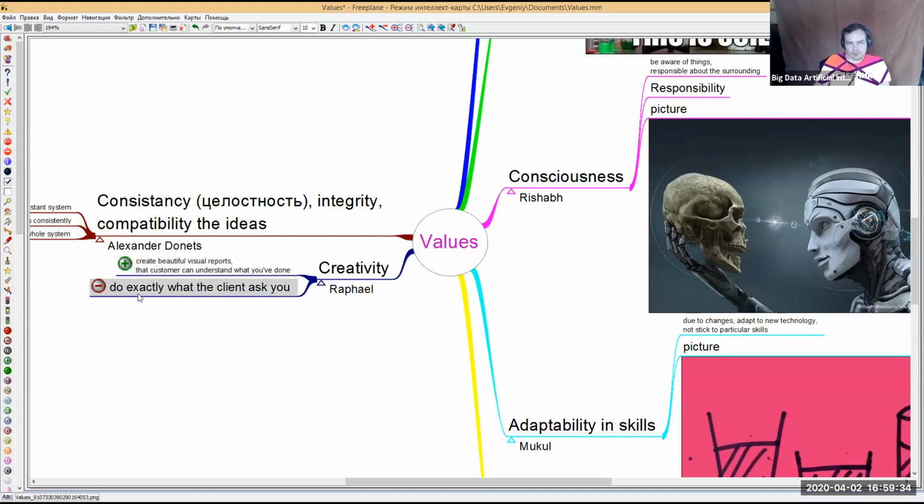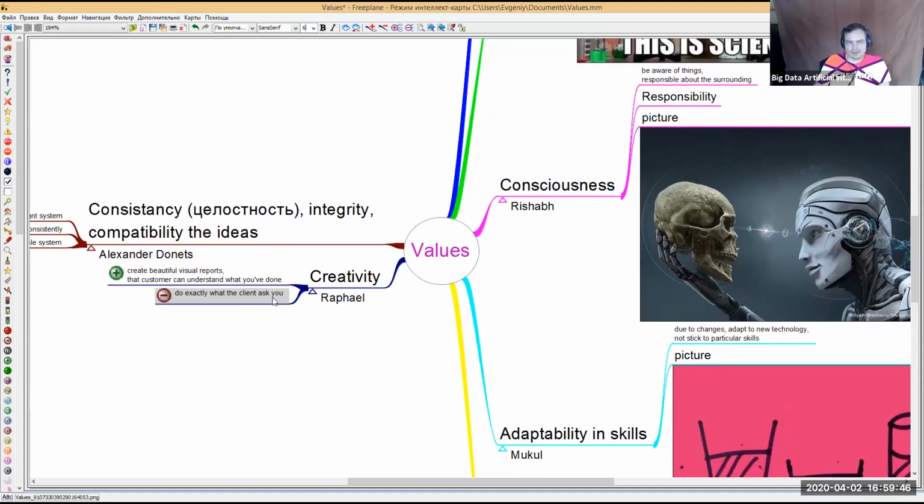Okay, so what other students think about this? If we do exactly what the client asks you, it's not creativity.